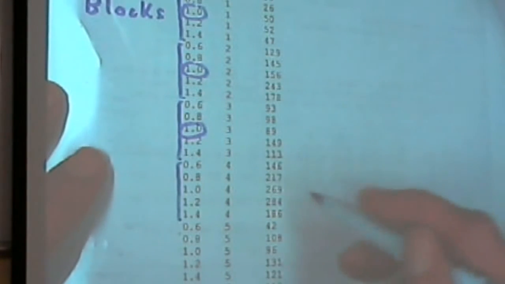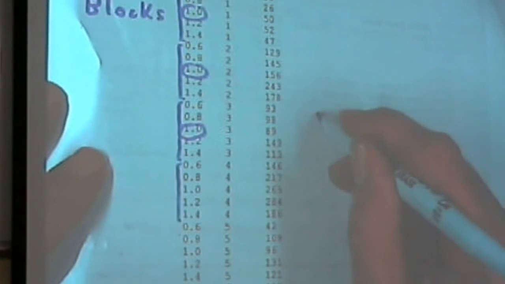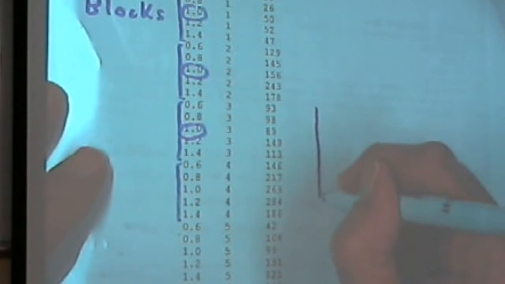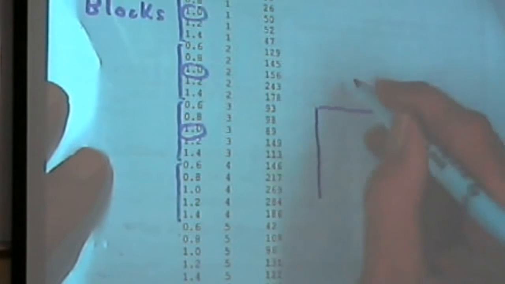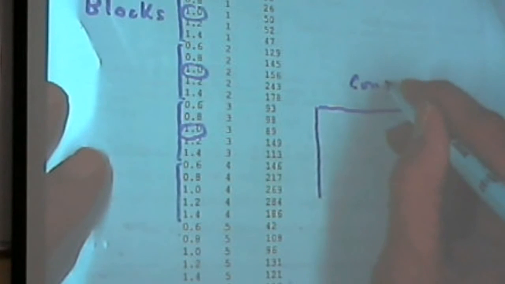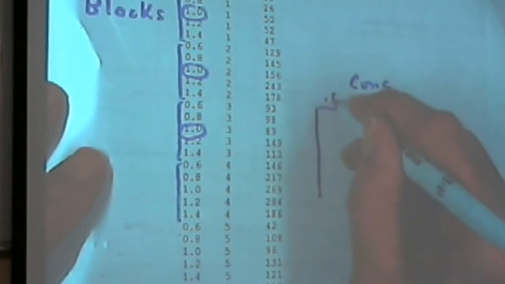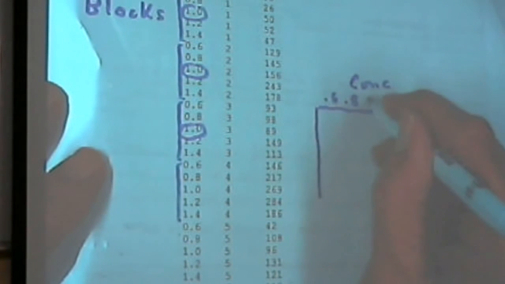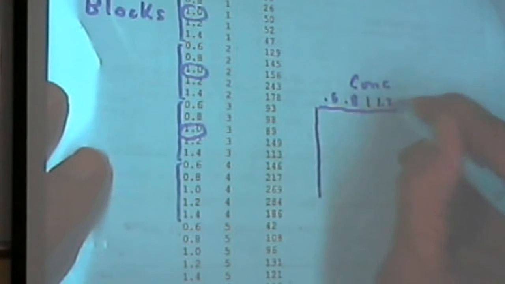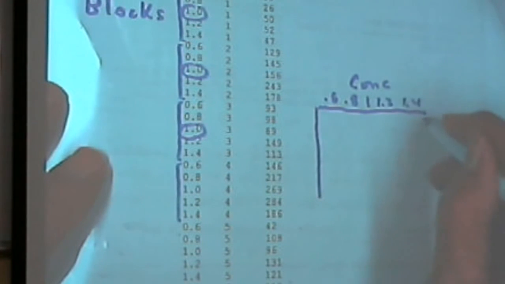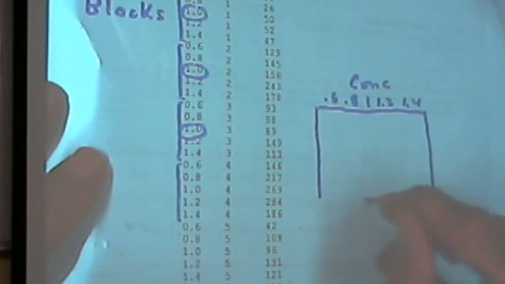And then here's the bacteria counts. Now, if you don't like the data laid out this way, this was just convenient for me to print it out this way, you can visualize the data this way. Concentration, 0.6, 0.8, 1, 1.2, 1.4. There's 5 levels of concentration.